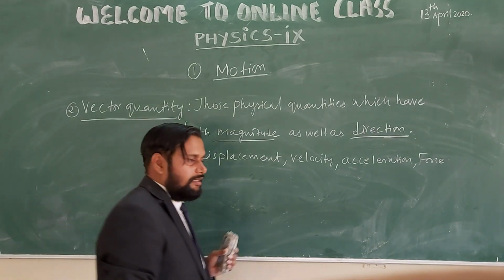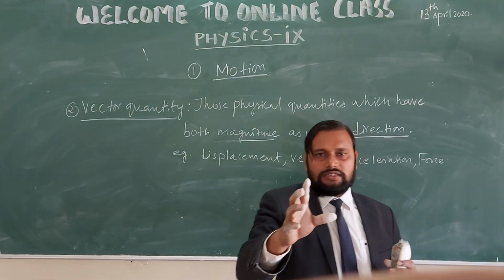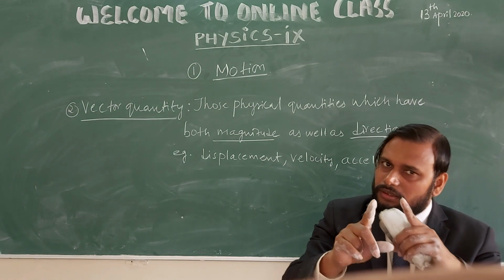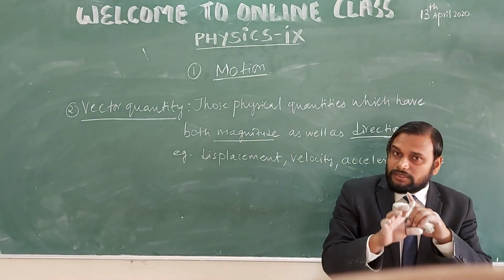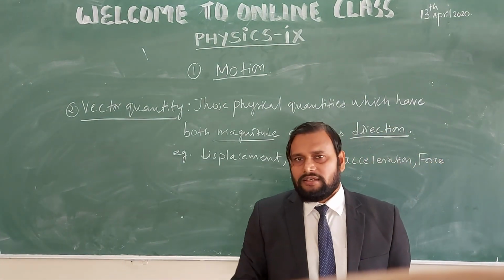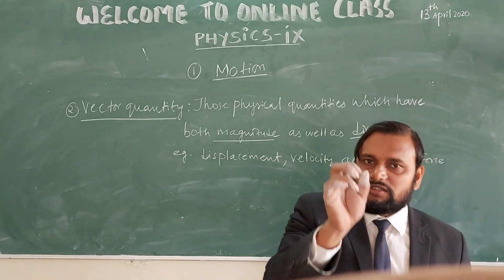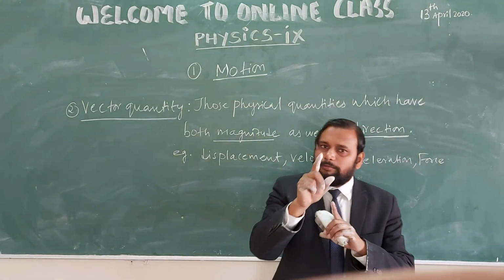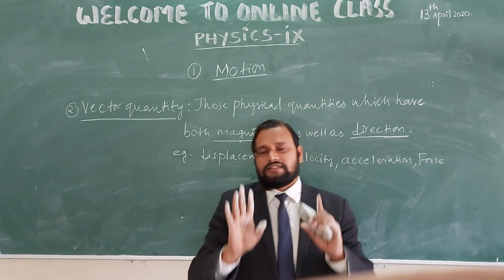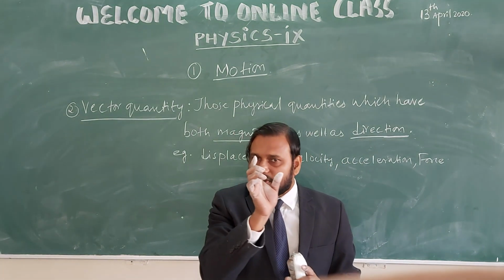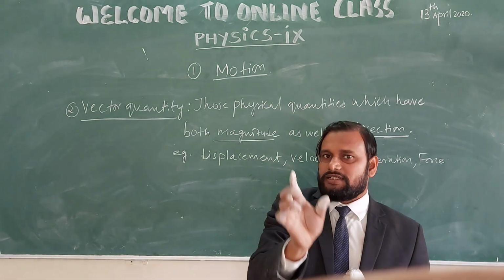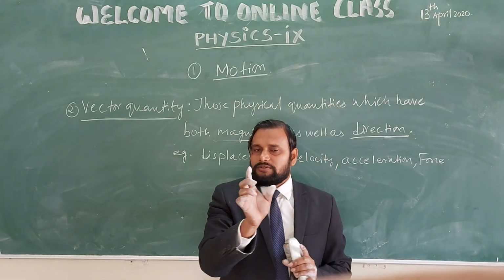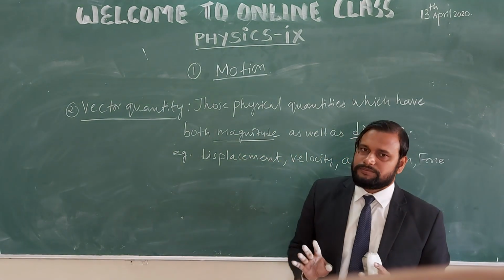So scalar quantities are those quantities which have only magnitude but no specified direction. But vector quantities are those physical quantities which have both magnitude as well as direction. That is known as vector quantity.